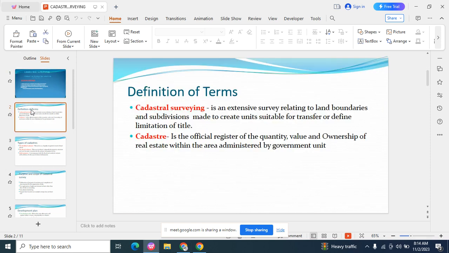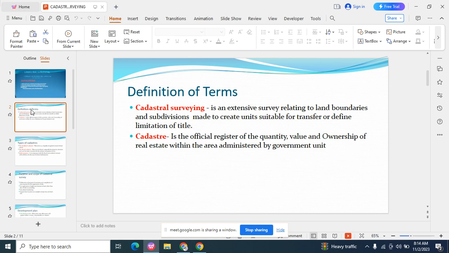Okay. Now I'm redefining the term cadastral, which is an extensive survey relating to land boundaries and some divisions made to create units suitable for transfer or to define the limitation of title.